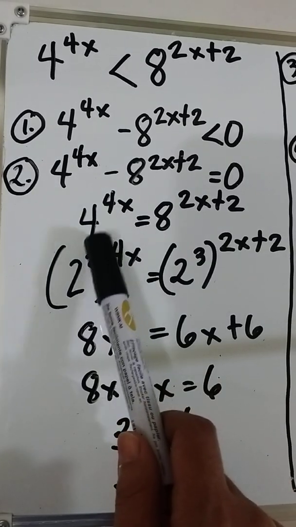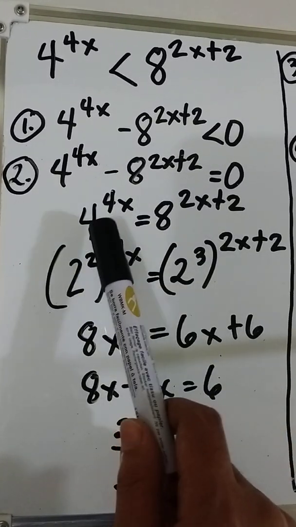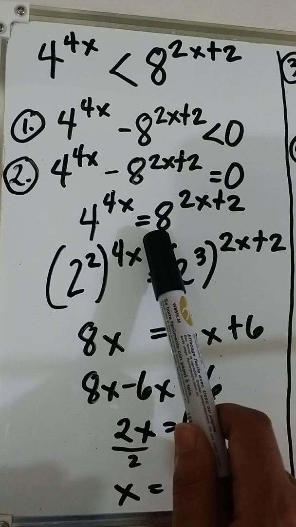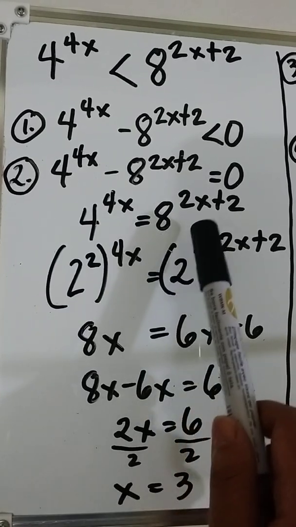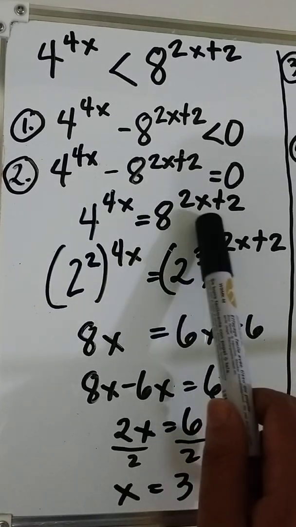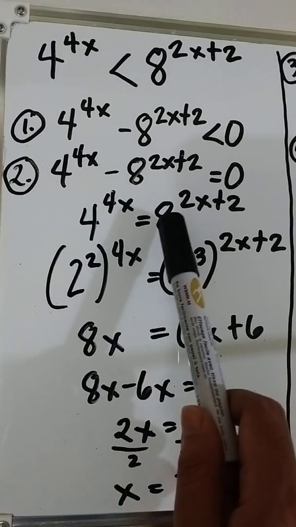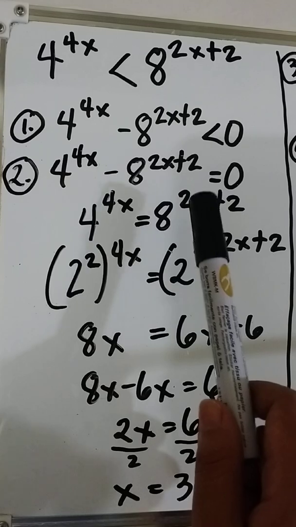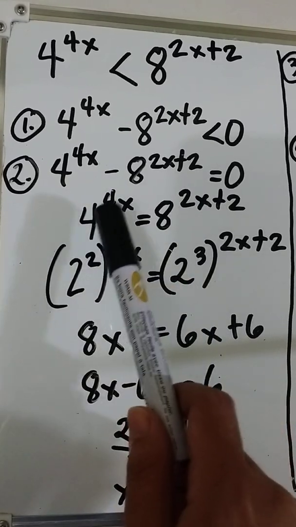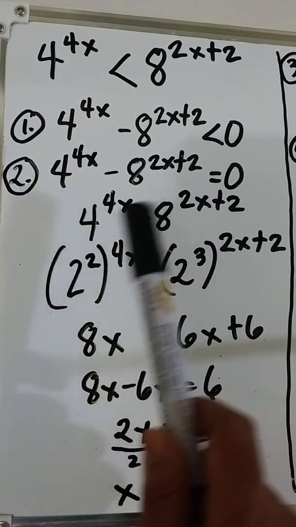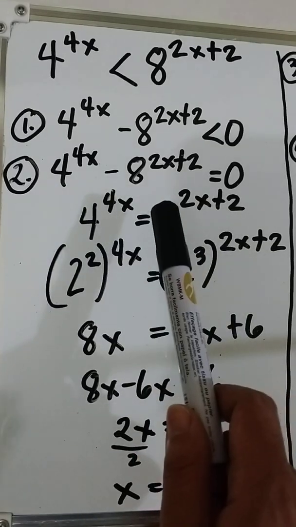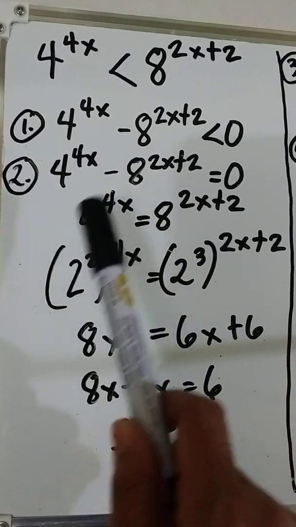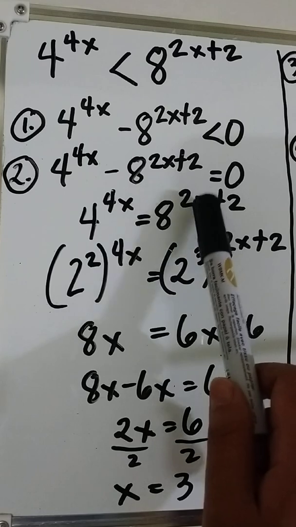So we will have this new equation, 4 raised to 4x is equal to positive 8 raised to 2x plus 2. To solve this equation, you have to make their bases the same. What will be the same base of each side, so we can manipulate the left side and the right side?